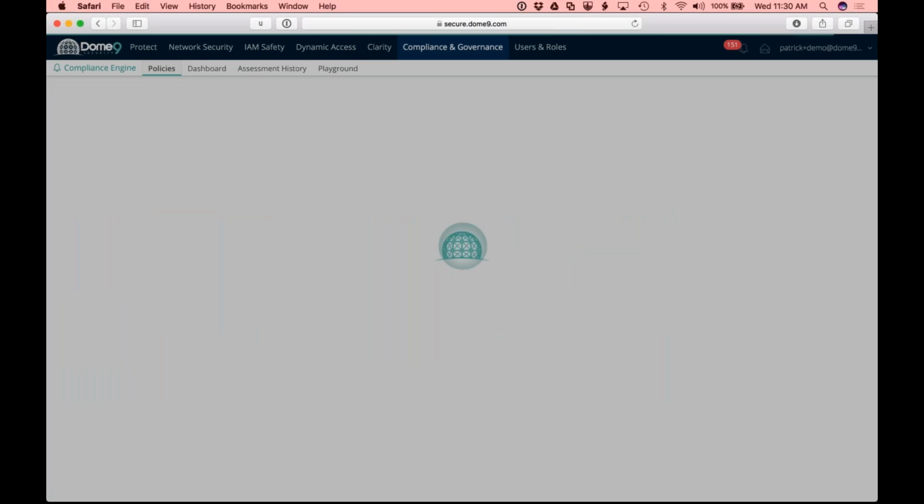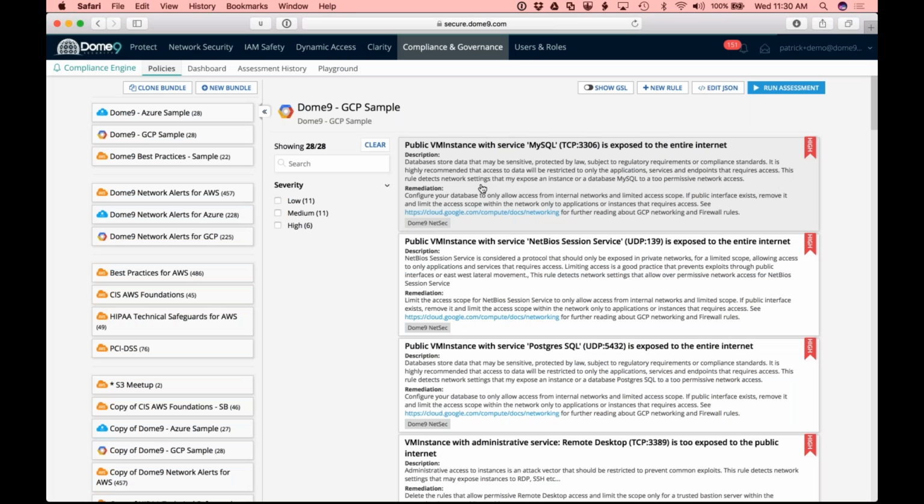And the Dome9 compliance engine is really an effort to take either off-the-shelf existing data security standards or best practices from our technology integration partners and run those in a very easy and straightforward way.